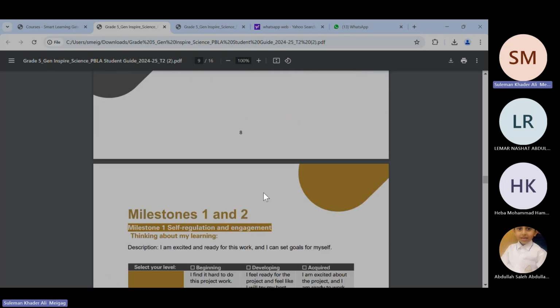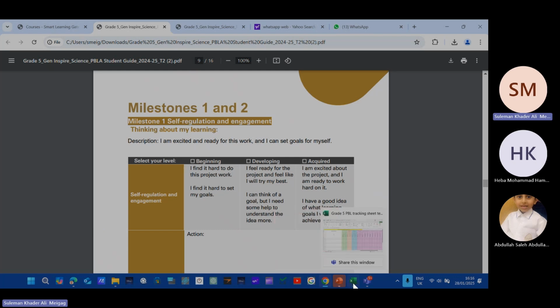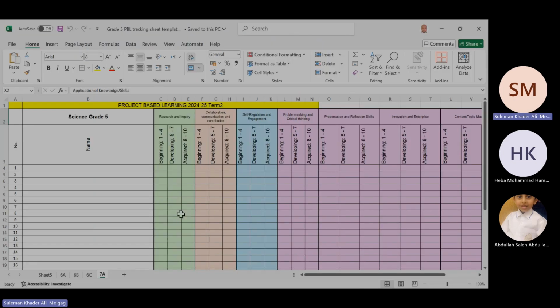Okay, and then as we go down, this is how we can check. So for me, I will use another example. Here for me, I will write all the names. So the first one, number 1, research and inquiry.